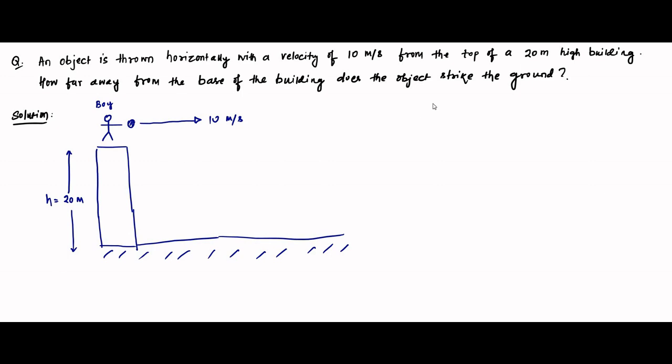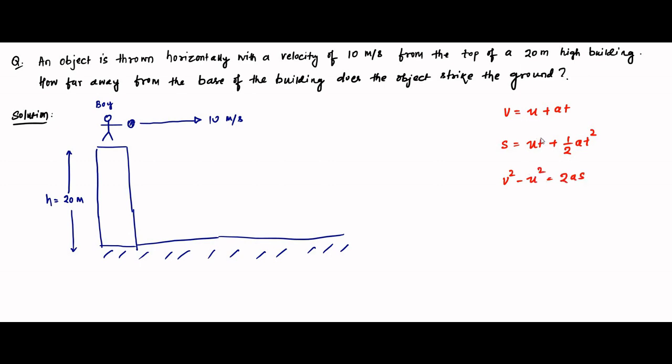Again, the equations of motion will come into play, the basic equations of motion. As we have discussed, in one-dimensional motion, they are written as v = u + at, s = ut + 1/2 at², and then we have v² - u² = 2as.